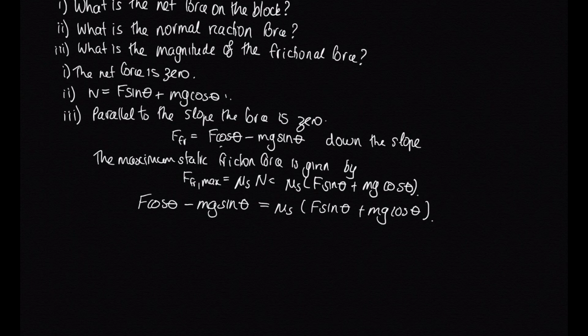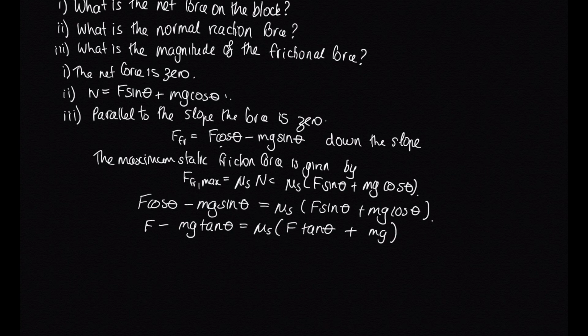And so if we divide everything through by cos theta, then we have F minus mg sine theta divided by cos theta, that's tan theta, equals mu s, and then plus F, now sine theta divided by cos theta, that's tan theta, plus mg cos theta divided by cos theta gives us 1.